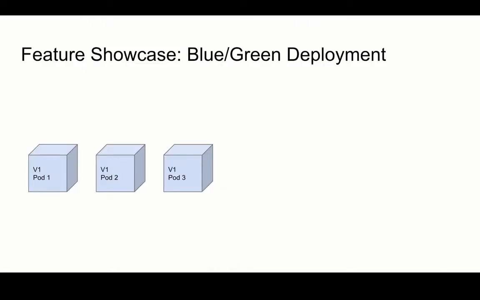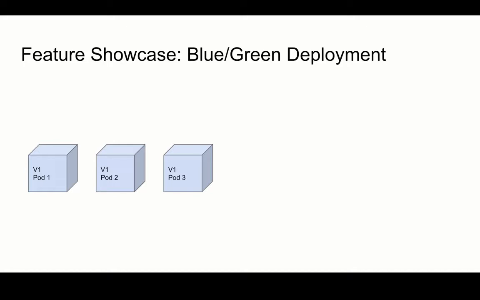Up next is blue-green deployment. Blue-green deployment allows you to stage the latest version of your microservice without fully committing to it until you're 100% sure that this latest version is worthy of production.